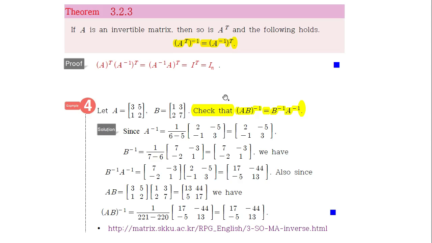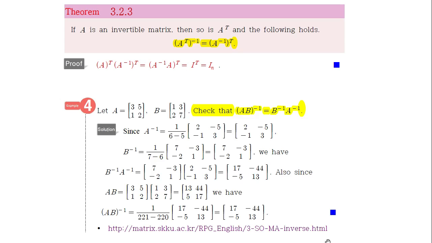Okay. So also here I showed one side. Actually you had to show A inverse transpose times A transpose is also identity. But for a square matrix, if one side satisfies, the other always satisfies: A inverse transpose times A transpose is also an identity matrix.